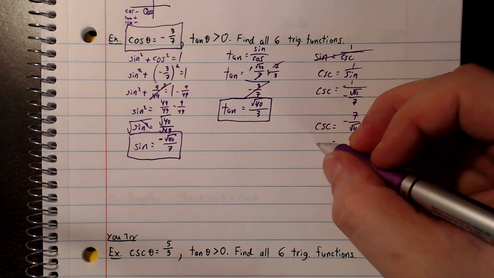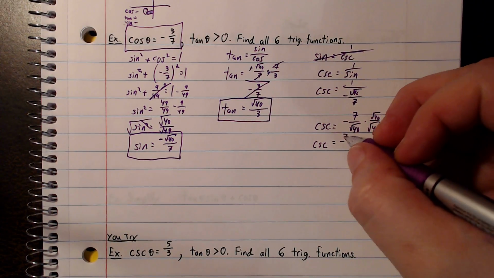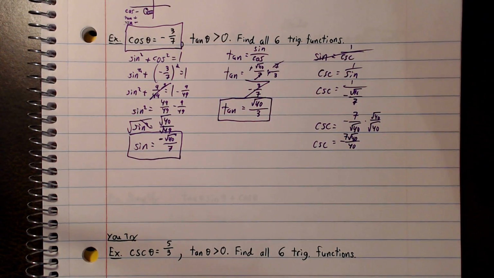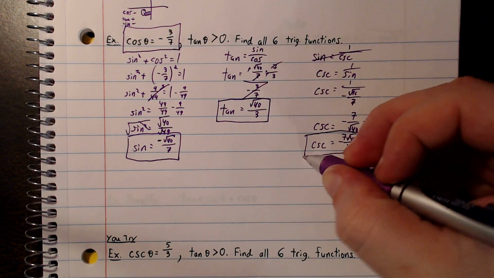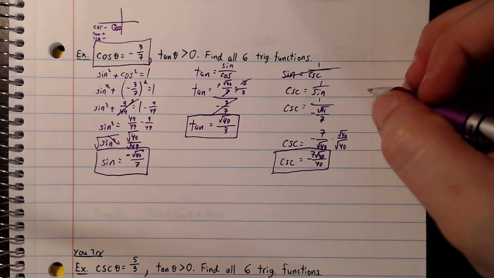Leaving us with cosecant equal to negative 7 root 40 over 40. Okay, secant is going to work pretty much the same way, right?